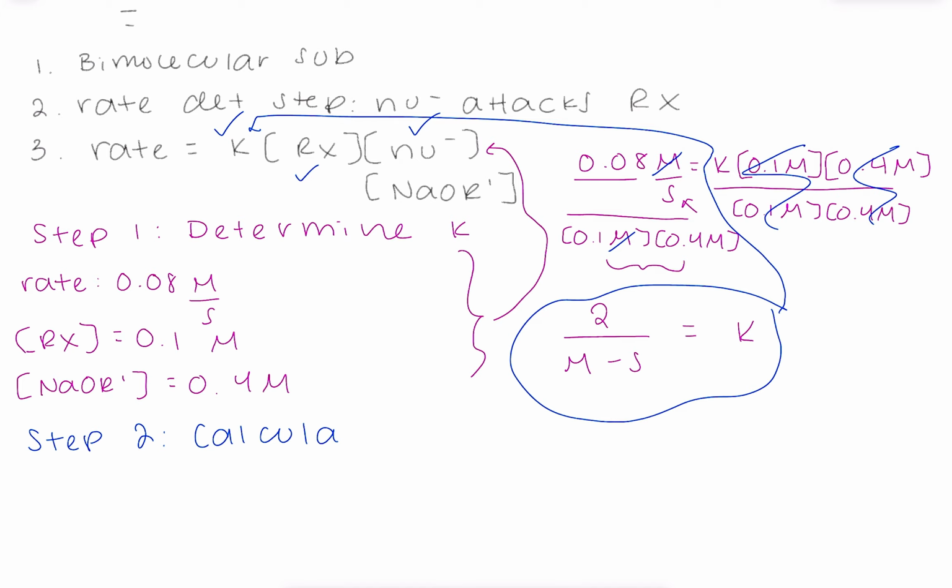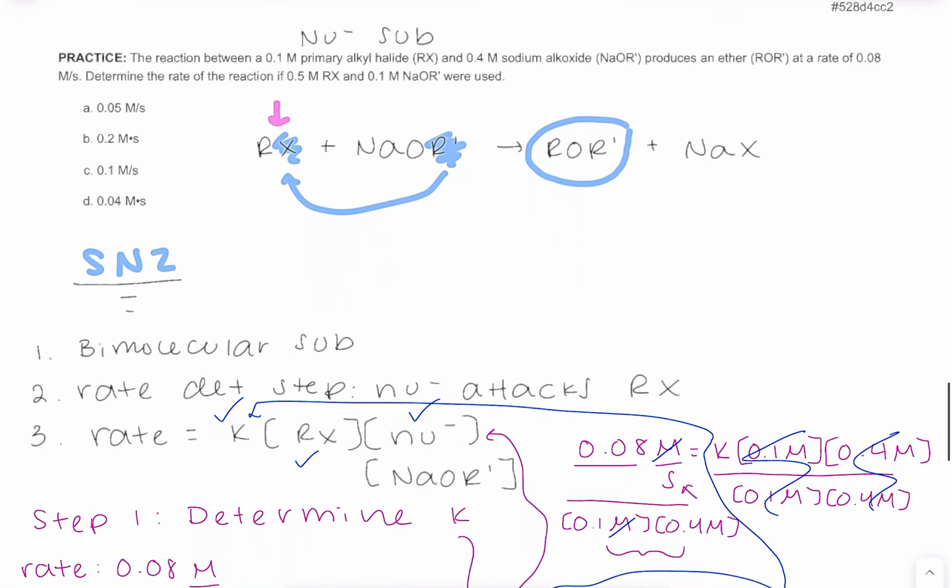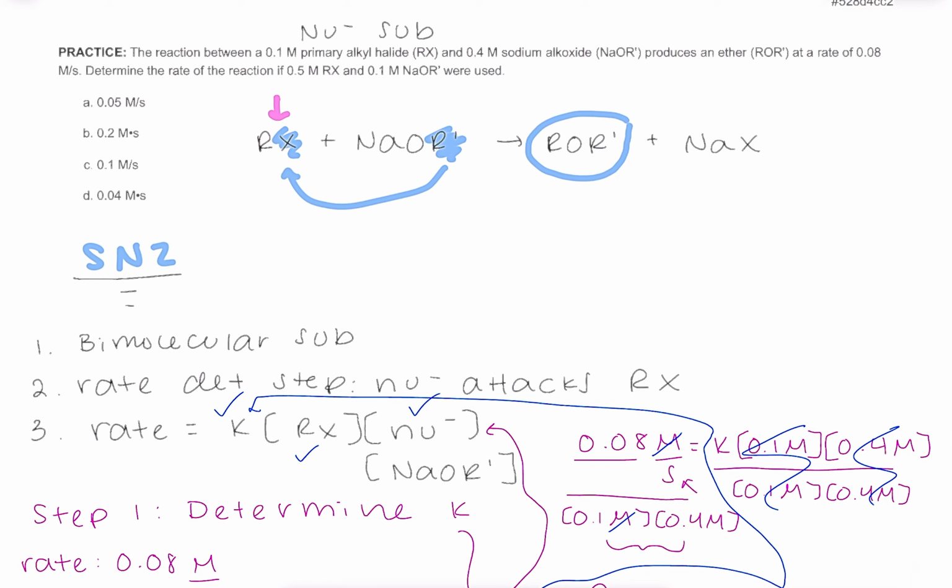And to calculate the rate, to clarify, going back up to the problem, we want to use these values, not the values we used to calculate K. The values in the first sentence of this problem were just used in order to find the rate constant K. And then we're going to use K to see what the rate of the reaction would be if we use these two different concentrations of our reactants.